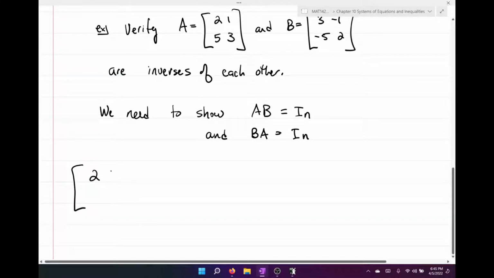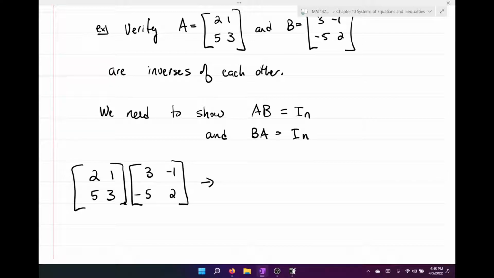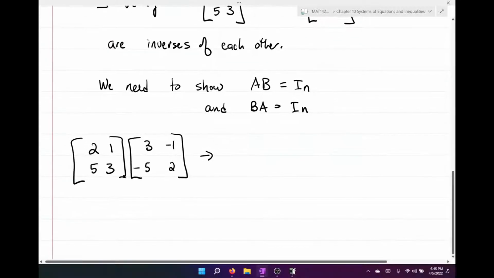We're going to take [[2, 1], [5, 3]], and we're going to multiply this by [[3, -1], [-5, 2]]. Now, hopefully, you have a pretty good understanding of how we multiply matrices, because I'm going to do this relatively quickly. So, for the first element, we're going to get 2 times 3 plus 1 times -5. For the second entry, we get 2 times -1 plus 1 times 2.